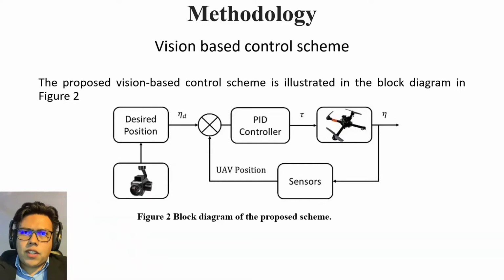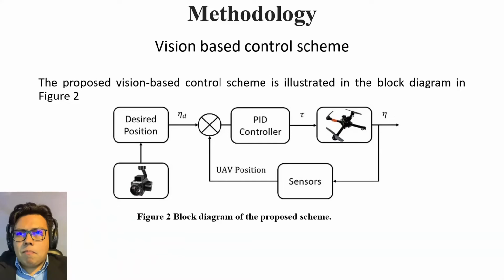In this block diagram, you can see how the camera obtains the desired position through detection of the object that is floating on the sea surface and sends a reference signal to the PID controller, which is responsible for maintaining a stable flight for the UAV.